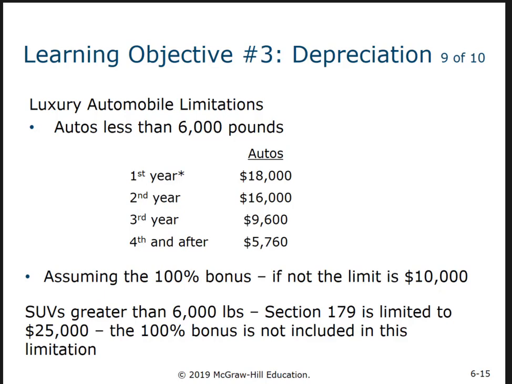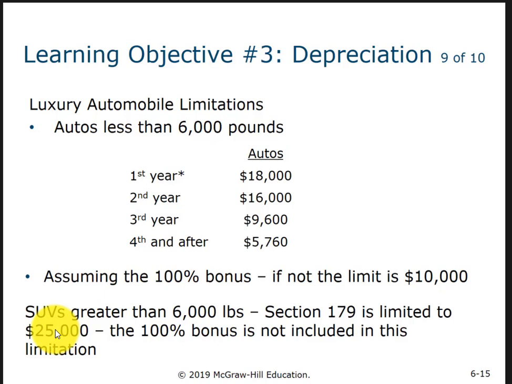For SUVs over 6,000 pounds, you can only use Section 179 of $25,000. So it's not the big number for Section 179, but it's not completely zero either. However, the bonus is not an issue.